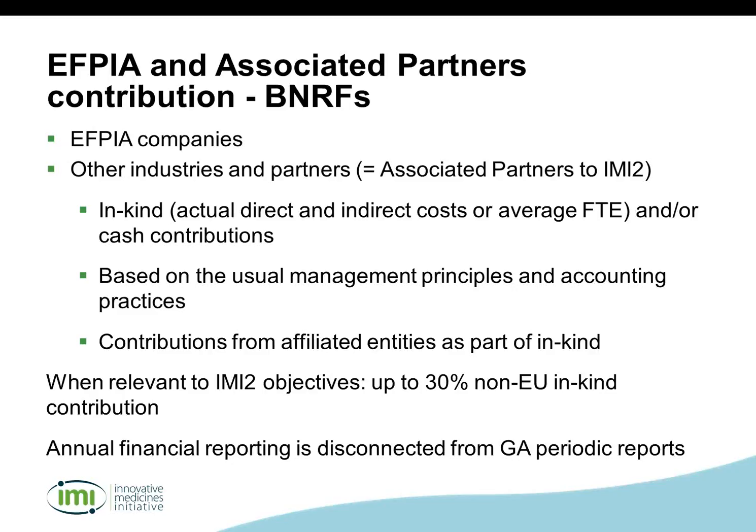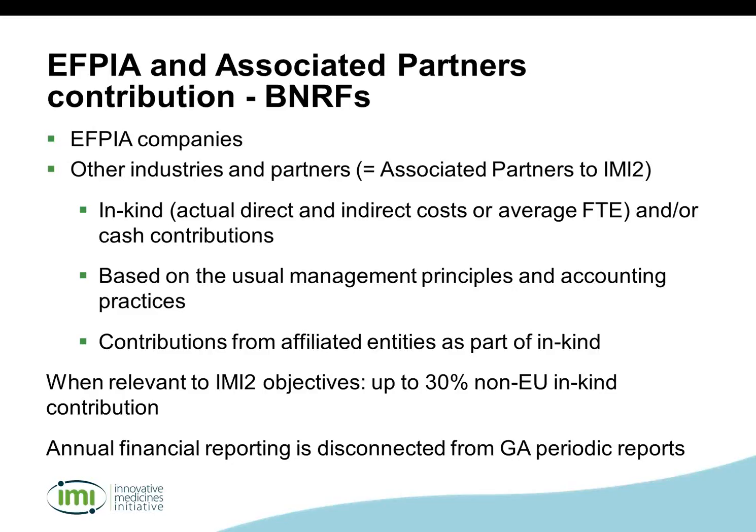For your information, FPA companies are allowed to include in their proposal or in their project non-EU in-kind contribution, which in other words is work carried out outside the EU member states or associated countries. They can, for instance, contribute with companies which are based in the US, in China, in India, wherever.